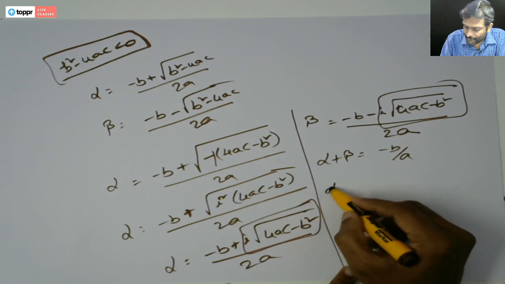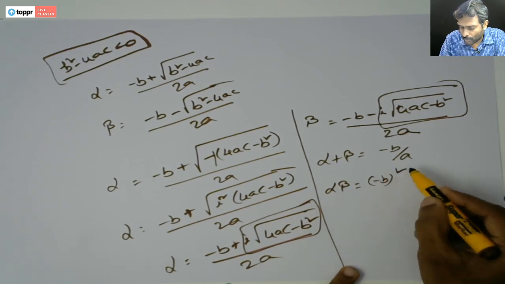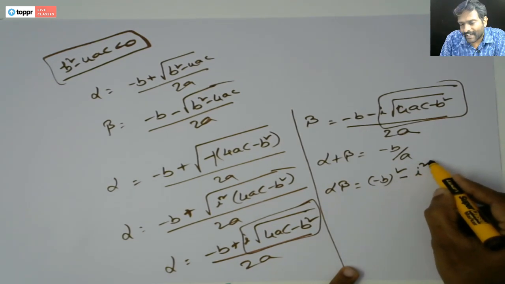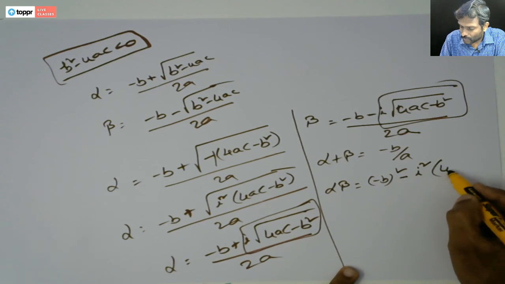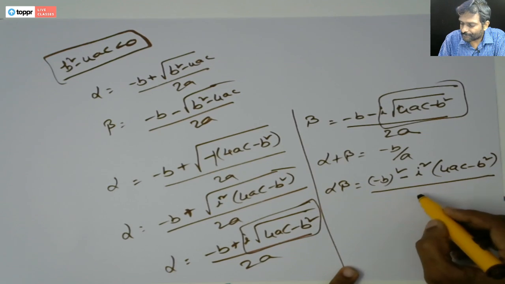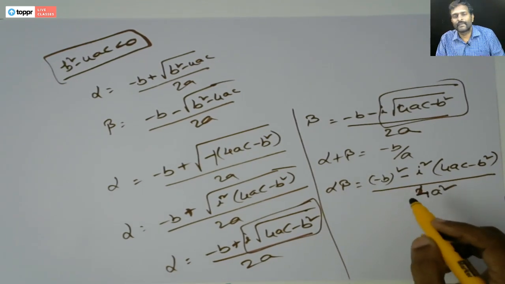Right. Now if I am finding alpha beta, what I have is minus b whole square minus i times i is i square into 4ac minus b square by 2a times 2a is 4a square. Right?